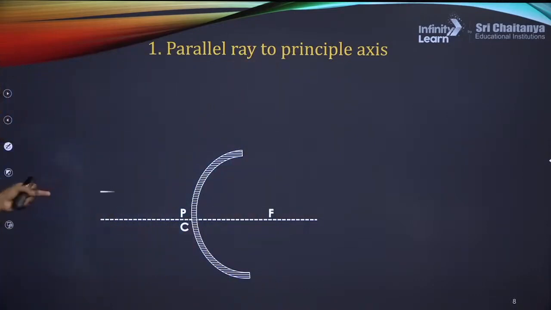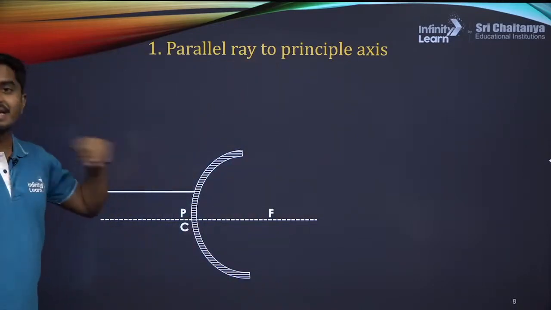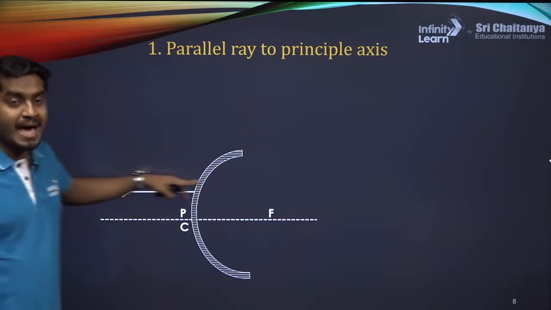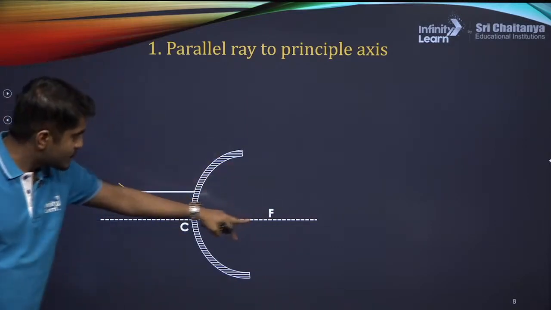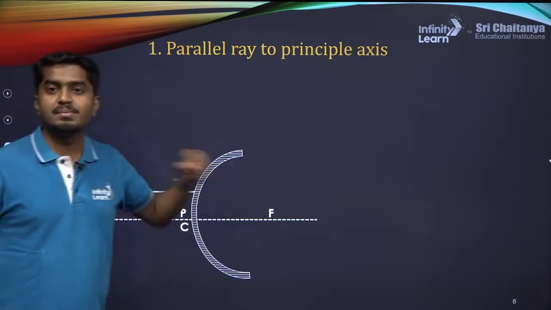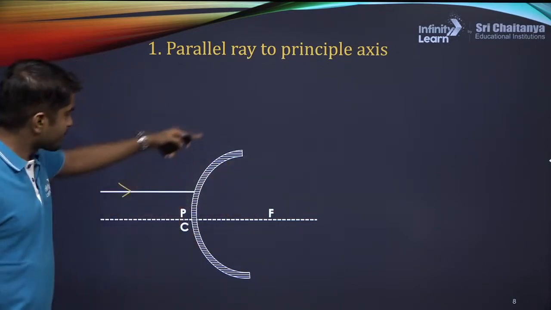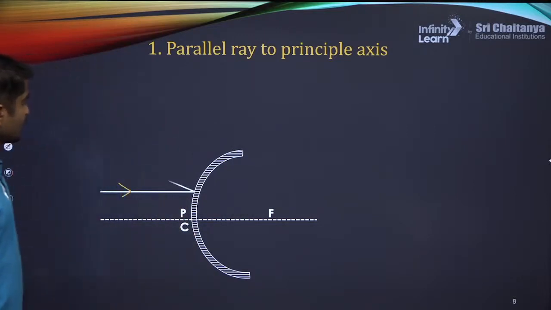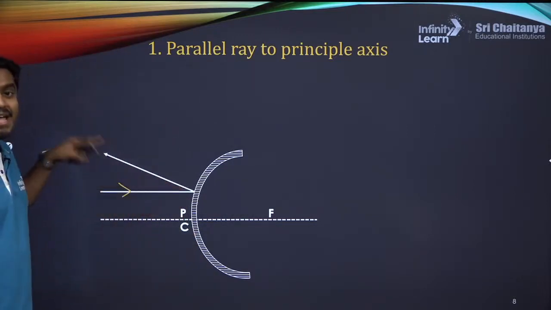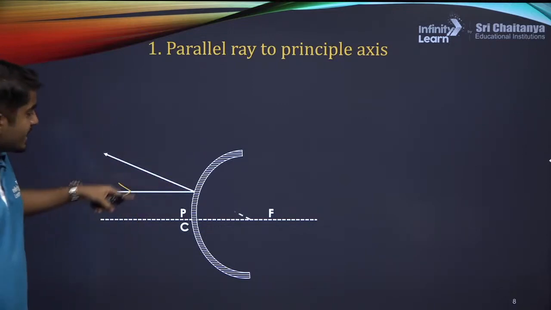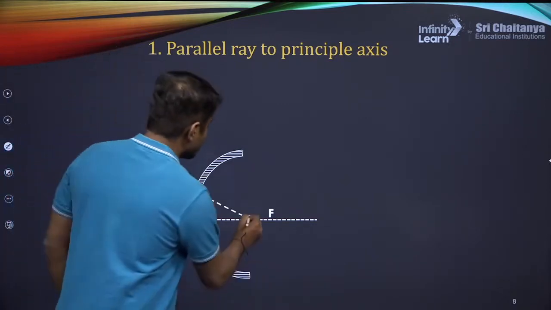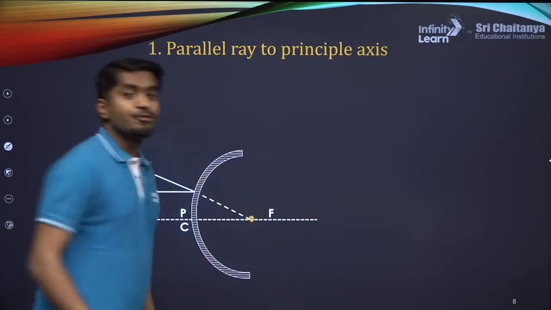Now you see here, there is our incident ray. When the incident ray is parallel to the principal axis, this dotted line is the principal axis. Now what will happen? It is falling on the reflecting surface, and it diverges, and it appears to diverge from the focus. So this point here is the focus.